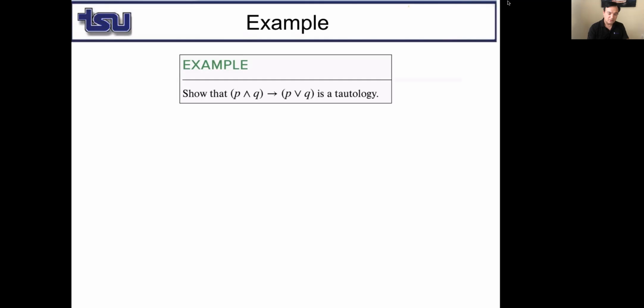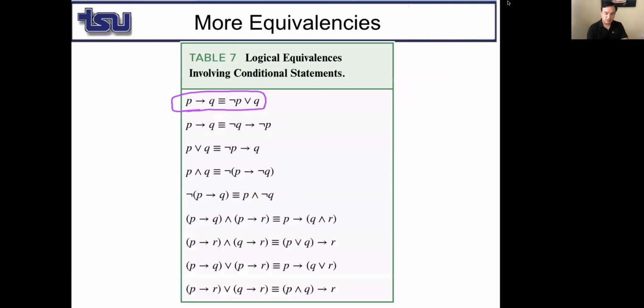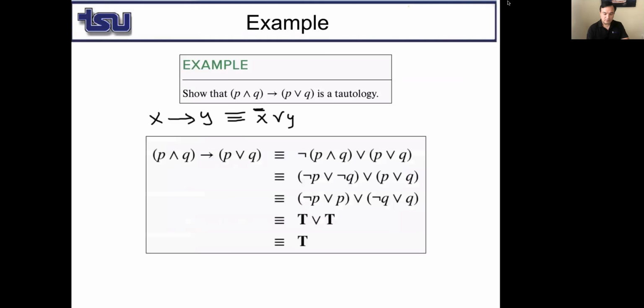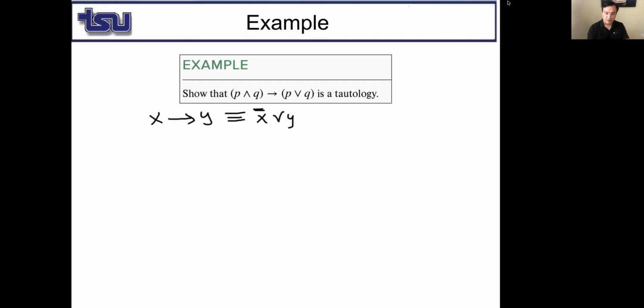Let's remind ourselves, if we have X implies Y, this is equivalent to what? X naught or Y. Okay, again, I'm going to go all the way here. I have this statement right there. P implies Q is equal to P naught or Q. Okay, so now think about this. This is X and this is Y. Okay, so I'm going to do this.